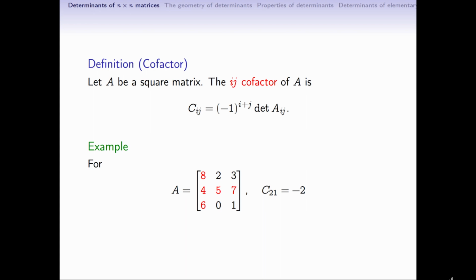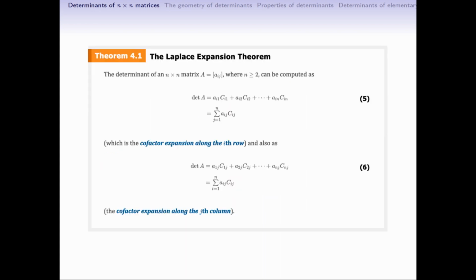Now, with this language of cofactors in place, we can state the Laplace expansion theorem. And this theorem is just doing exactly what we already expressed. It's just expressing it in the language of cofactors. Let's take a look at cofactor expansion along the ith row. This is what is being expressed here in Formula 5. We're calculating the determinant of A by expanding along the ith row.